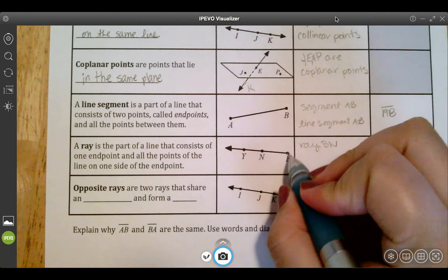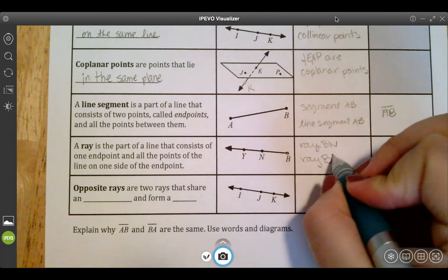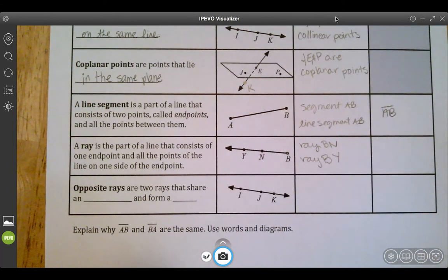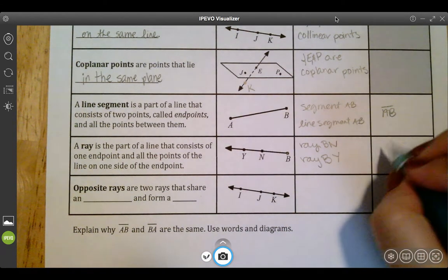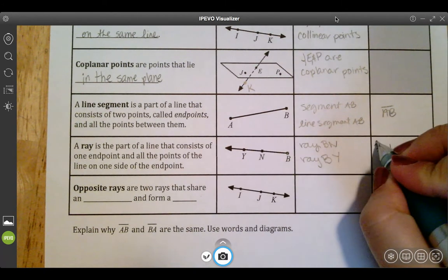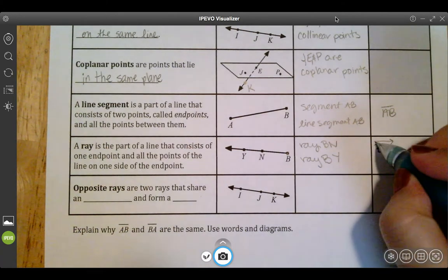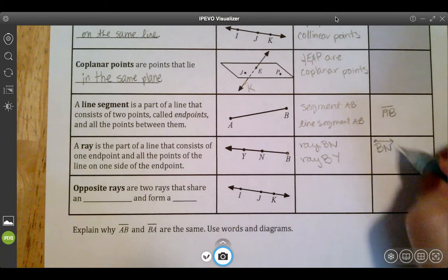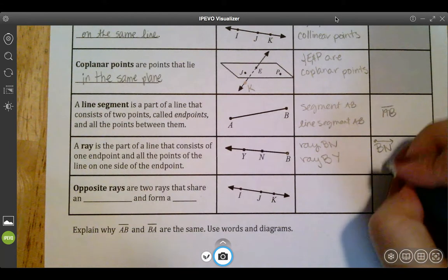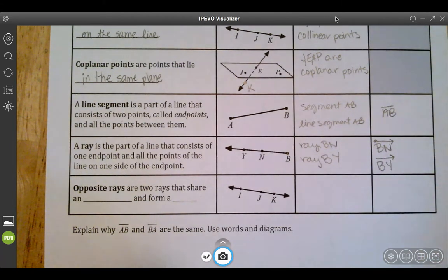We always start with the endpoint, or we can call it ray BY. And how we denote that is we put the BN that we named it with the arrow pointing in the direction that it keeps going. So B was the endpoint and N keeps going. And BY, B is the endpoint, Y, it keeps going past Y. So an arrow on only one side.